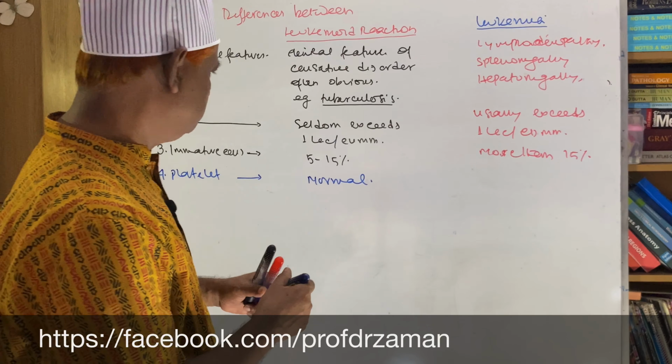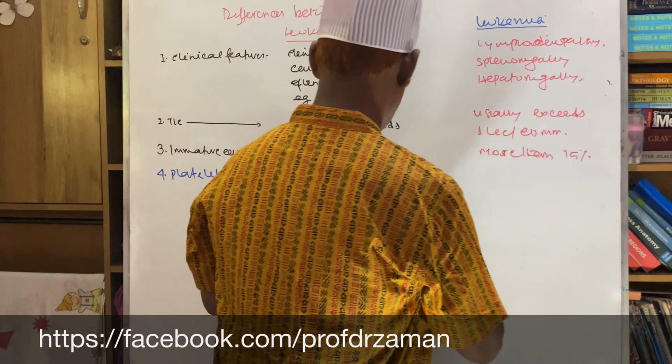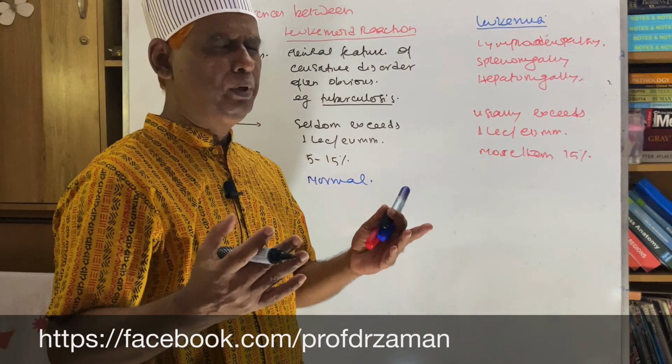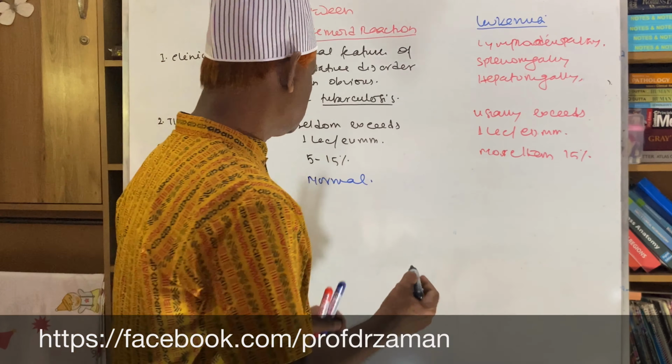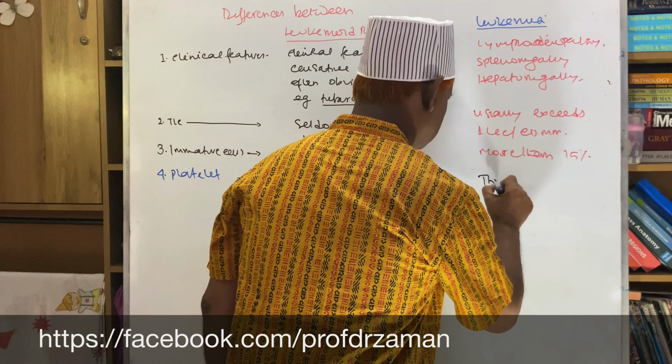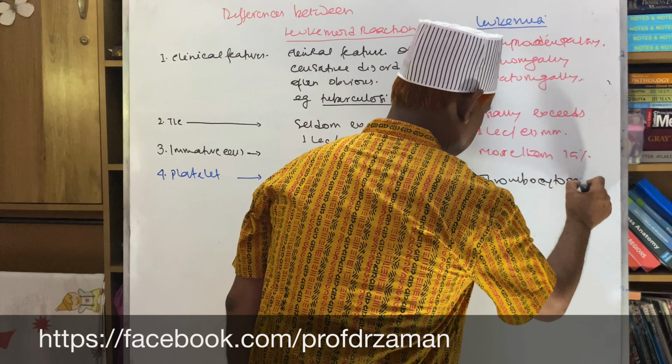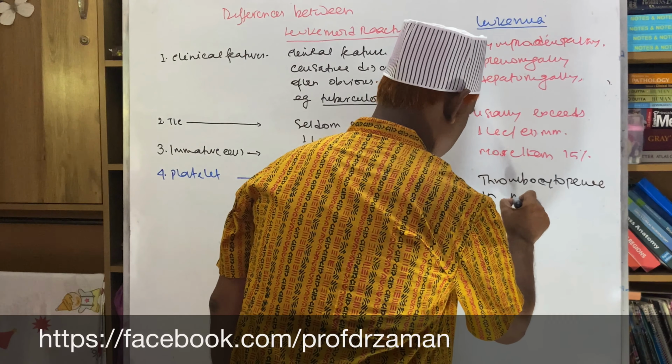But in leukemia, in acute myeloblastic leukemia and in acute lymphoblastic leukemia, there will be thrombocytopenia. But in chronic myeloid leukemia, the platelet count is normal. So thrombocytopenia is seen in acute lymphoblastic leukemia and in acute myeloblastic leukemia.